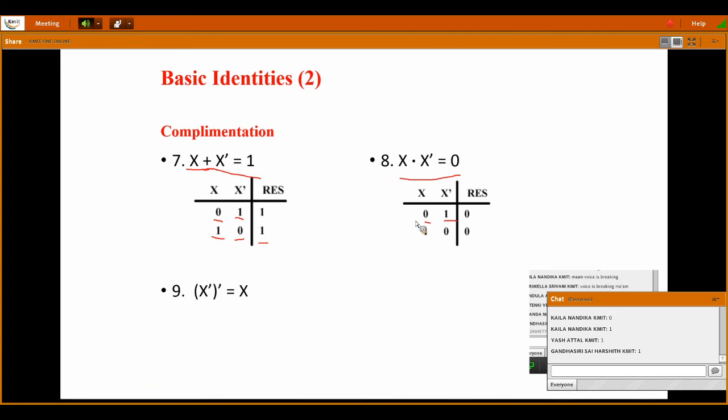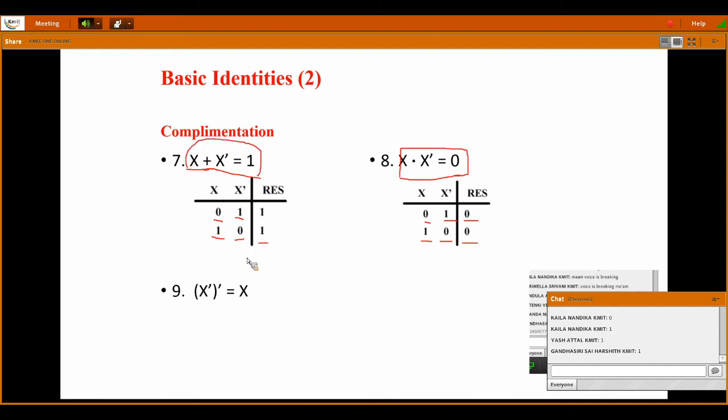So 0 ANDed with 1 will be equal to 0. Now if you take x as 1, the complement of x will be 0. So 1 ANDed with 0, the output will be 0. So this is the other identity. These two identities are called complementation identities.